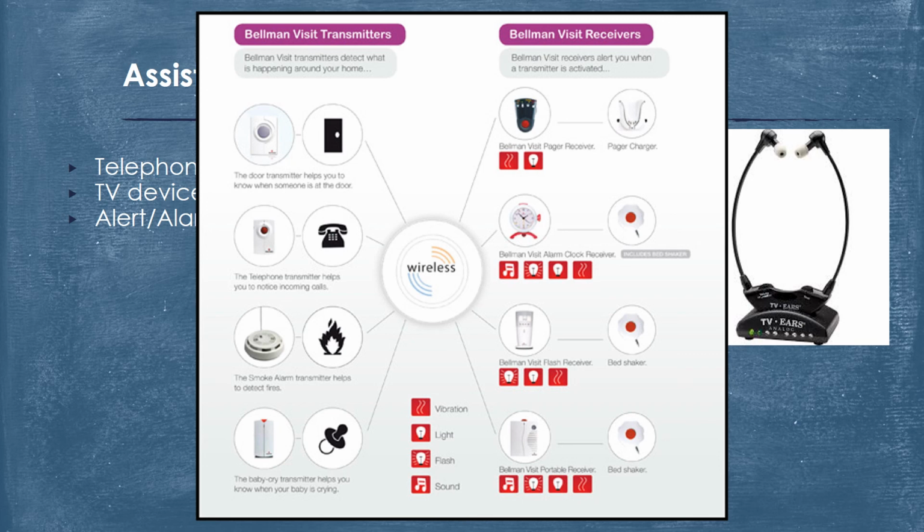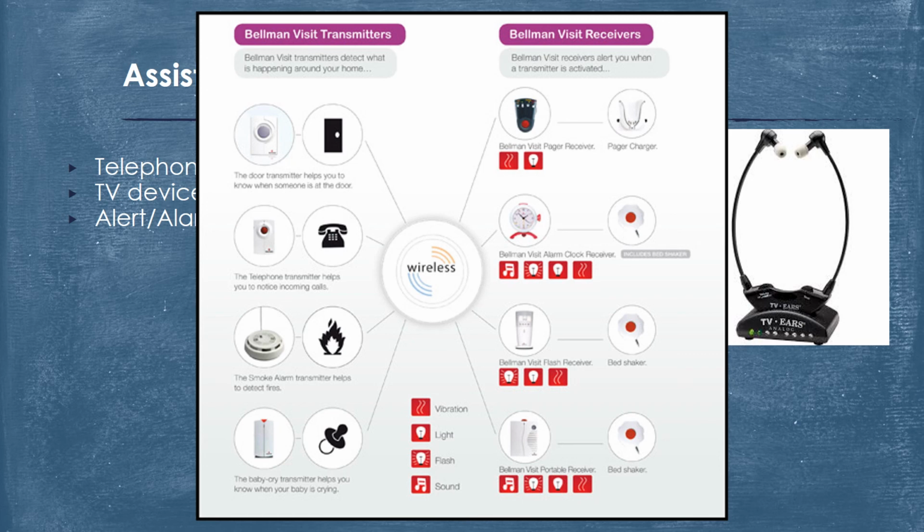This is Bellman, and they have specific devices for the door over here on the top left, devices for the telephone, so it'll flash when there are incoming calls, specific smoke alarms that are either louder or flash, a baby cry transmitter, so you can hear when your baby's crying by this flashing light. Over on the right, we have several receiver options, so the user could wear a pager.